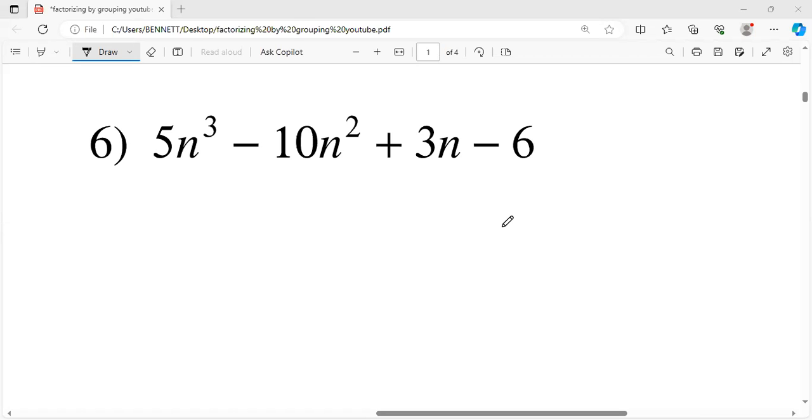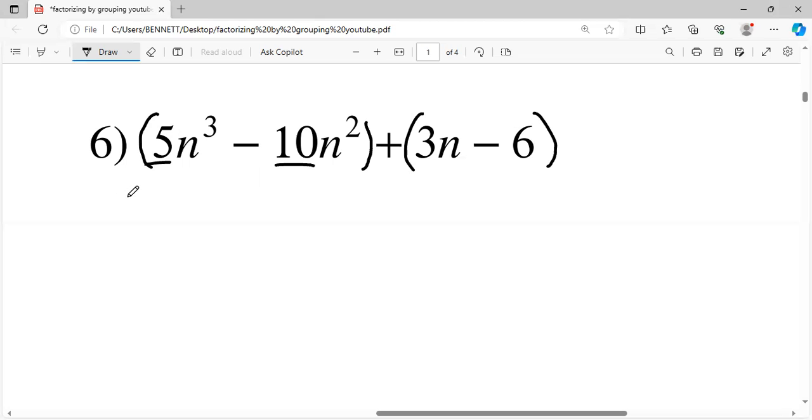Alright. So this one says 5n cubed minus 10n squared plus 3n minus 6. Of course, we're going to bracket off in pairs. Next, we take out the highest common factor. We go to the numbers first. What's the highest number that can go into 5 and 10?